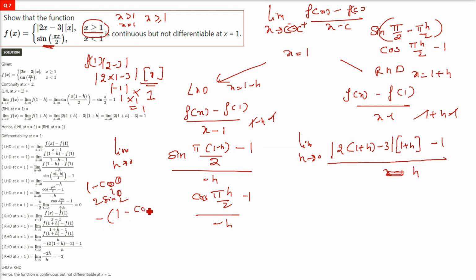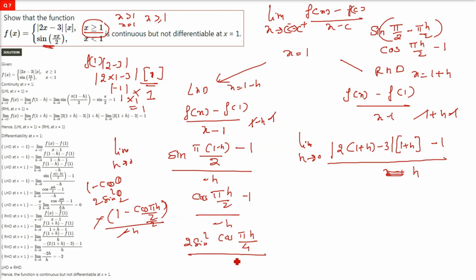It will be negative (1 minus cos pi h by 2), and in the denominator you have a negative h. Negative negative gets cancelled. So 1 minus cos pi h by 2 is 2 sine square pi h by 4, divided by 2, pi h by 4.